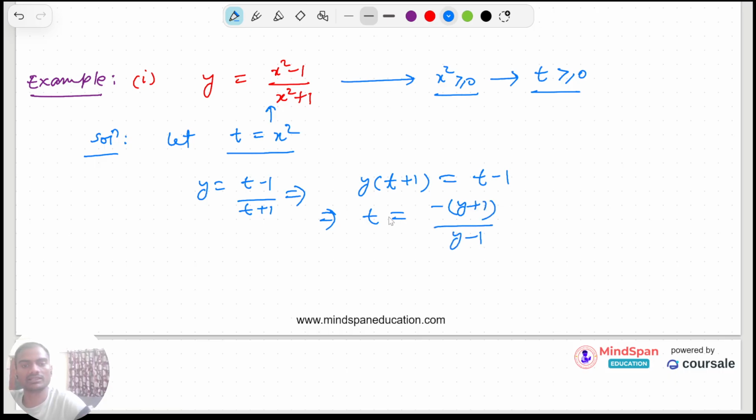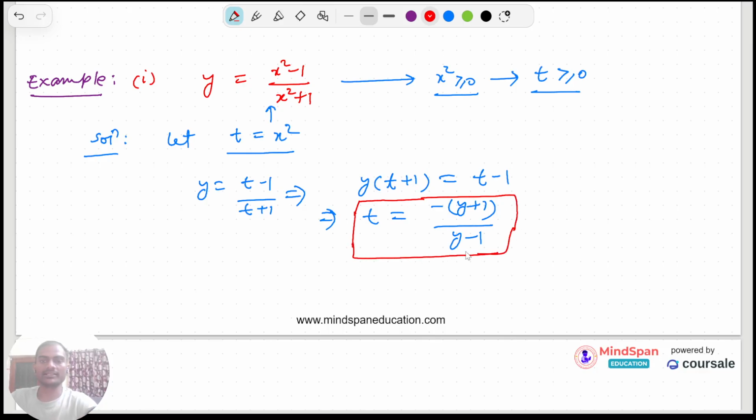We already had this kind of example just a couple of minutes ago. So this is our new function for which we are going to apply domain restriction.